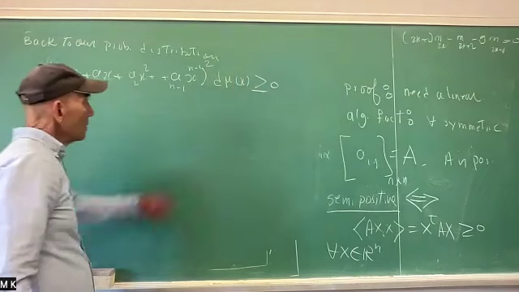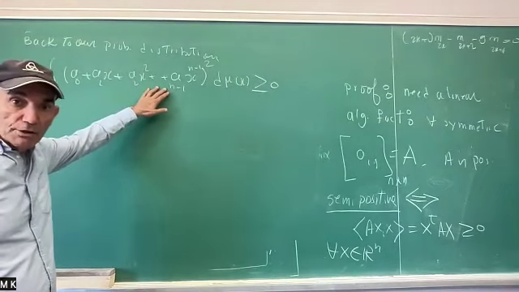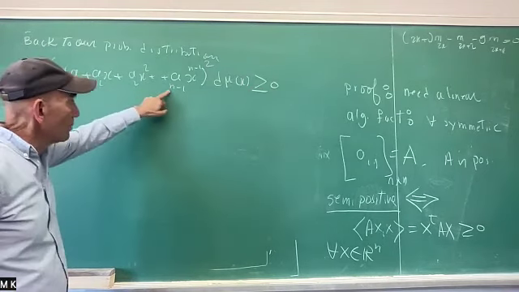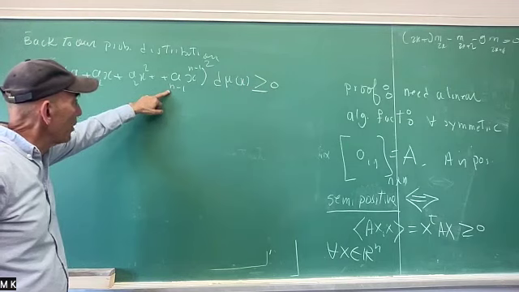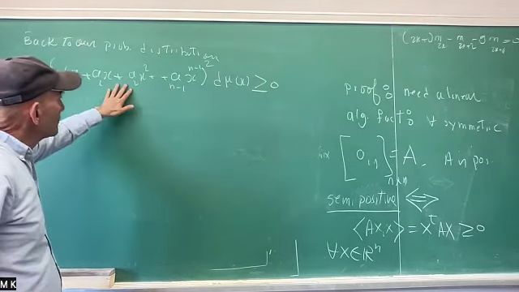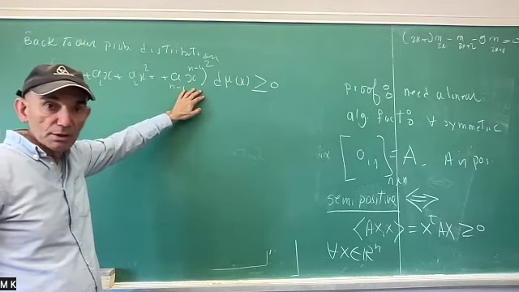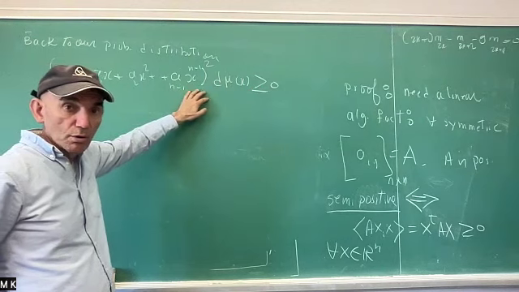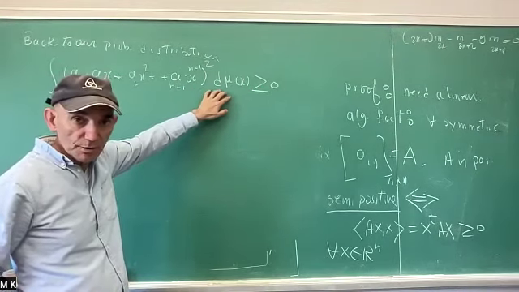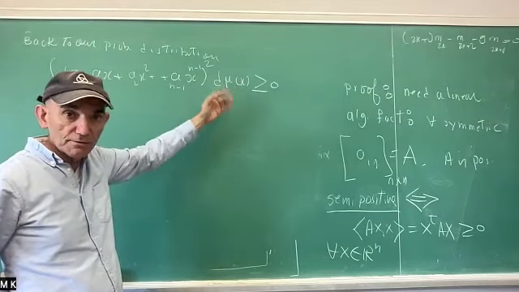Of course, this much we know. If you pick n real numbers a0, a1, a2, ..., a_{n-1}, and form this function, which is a square of a polynomial, it's a non-negative function. So we compute its integral against this probability measure mu, it has to be non-negative.